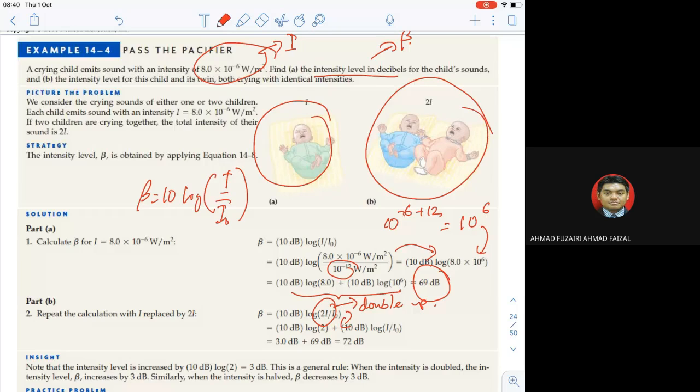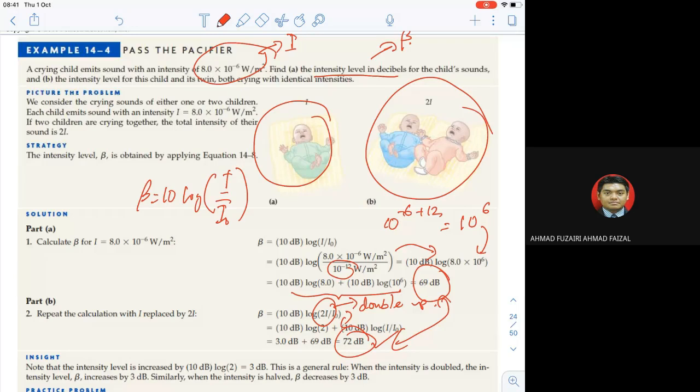In that case, you will get 72 decibel, slightly higher than just one baby. So with two babies, the decibel will definitely increase. Look at the value from 69 becoming 72, where we have two identical babies with two identical intensities. The value of the decibel also increases.